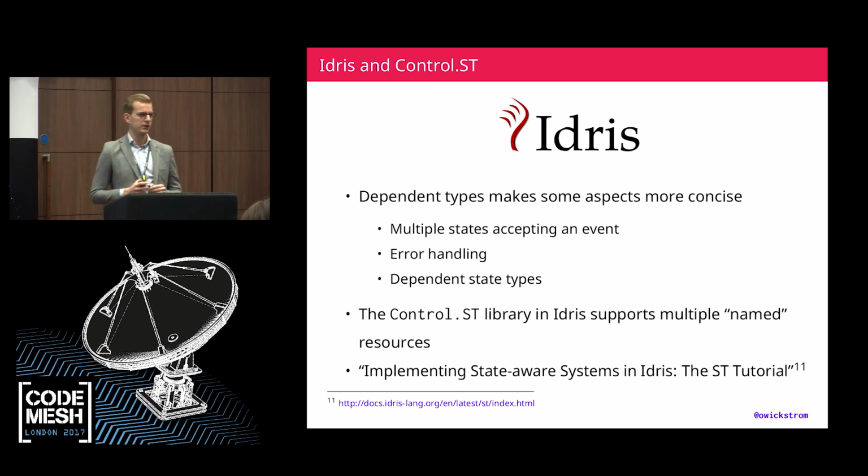But you won't be naming your resources yourself. You get like a unique identifier that you can use to refer to some resource in your computation context. And if you like this sort of stuff, you should read this Implementing State-Aware Systems in Idris, the ST tutorial. This is very good, and even if you don't know a lot of Idris, you can probably follow along here. So I recommend that.